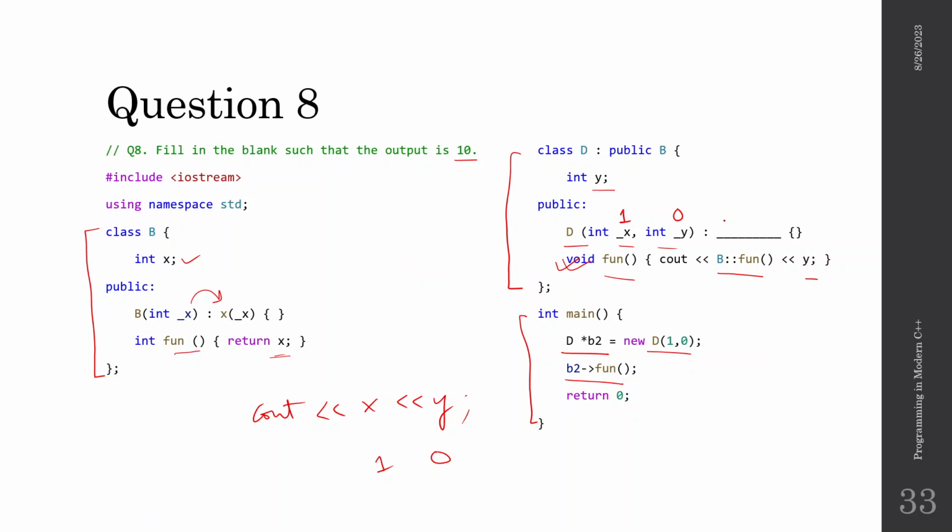We simply write B and then in brackets underscore X, and then Y in brackets underscore Y. What this will do is, first, Y will be initialized normally, set to underscore Y. In case of B, B's constructor will be called with the value underscore X.